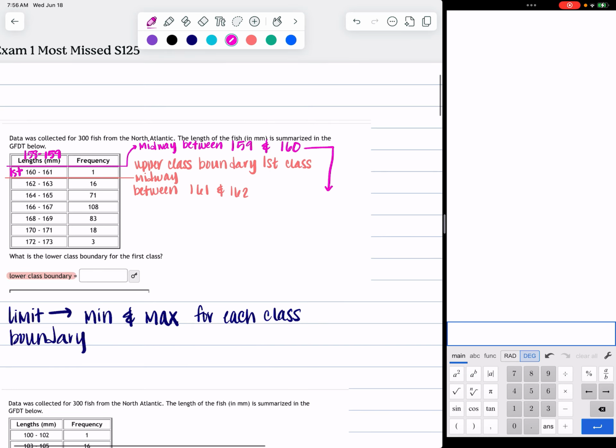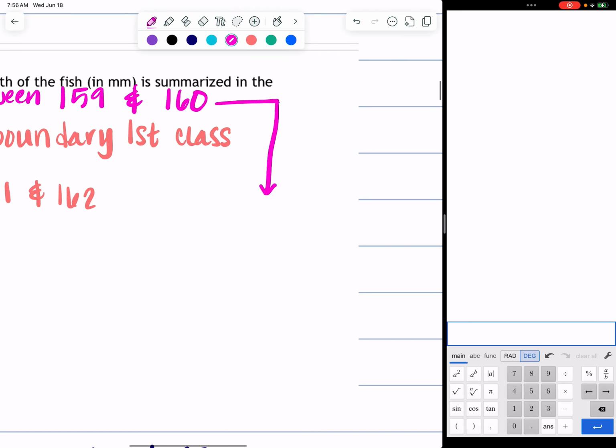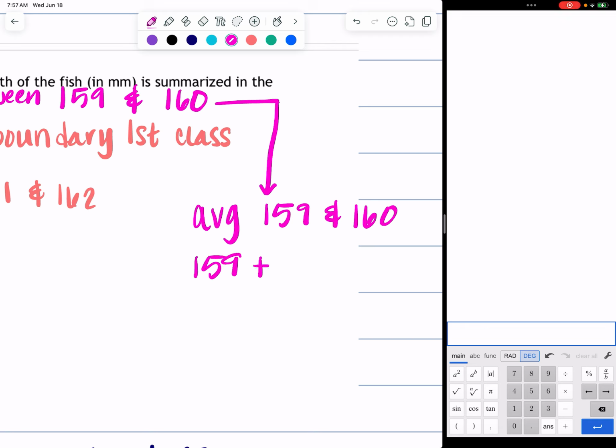Now you've got some options. If you're a formula person, you find the average. So we would average 159 and 160. You could put that in the calculator. 159 plus 160 divided by 2.